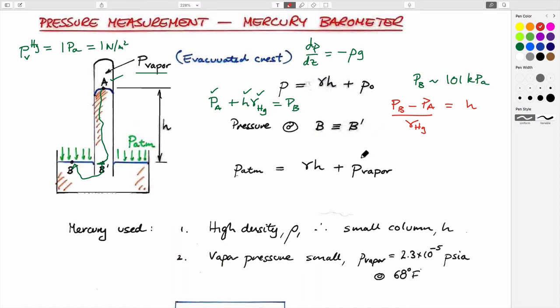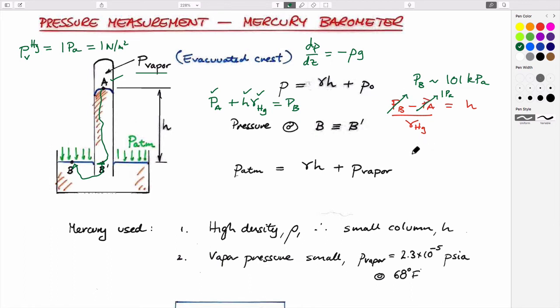Basically. So, happily for mercury, this number here is basically 0, right? This is 1 Pascal. This is 101 kilopascals, so 10 to the 5 times bigger. So we don't need to do this.